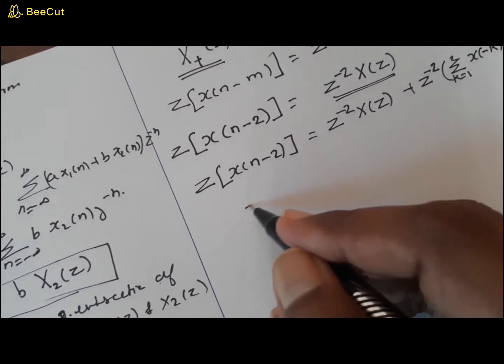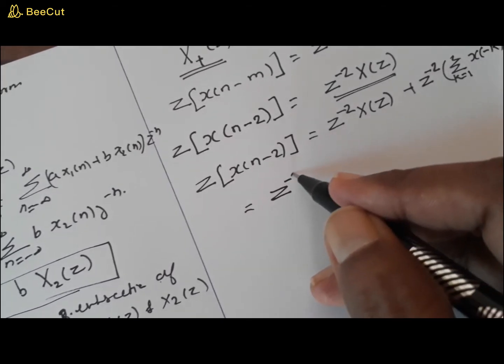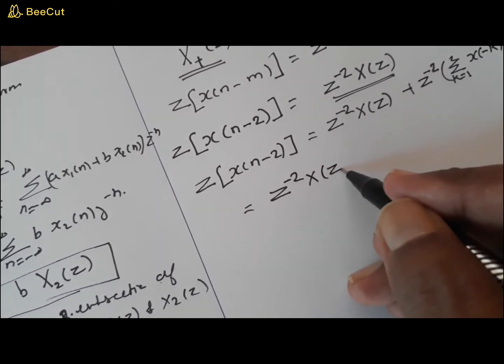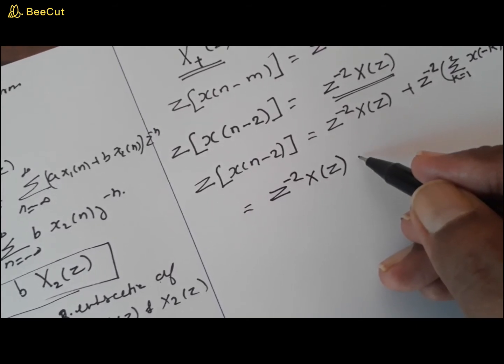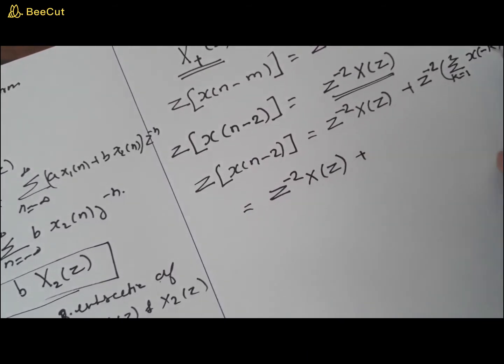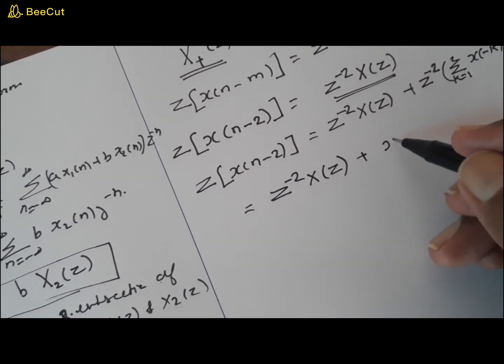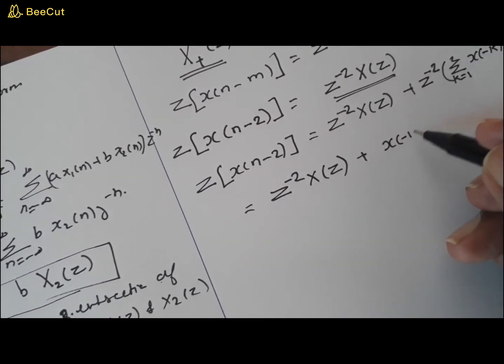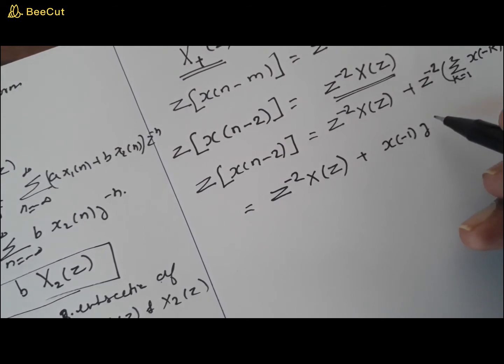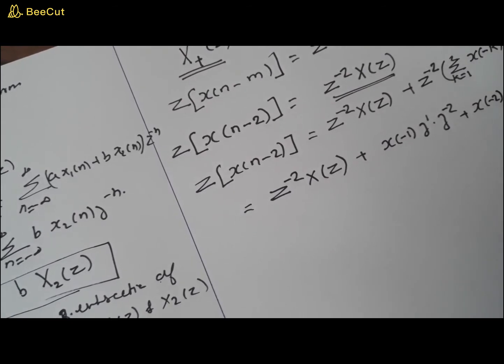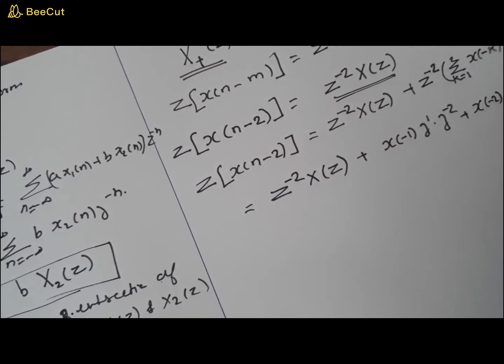You can expand that: small x of minus 1 into z raised to 1 into z raised to minus 2, plus small x of minus 2 into z raised to 2 into z raised to minus 2.